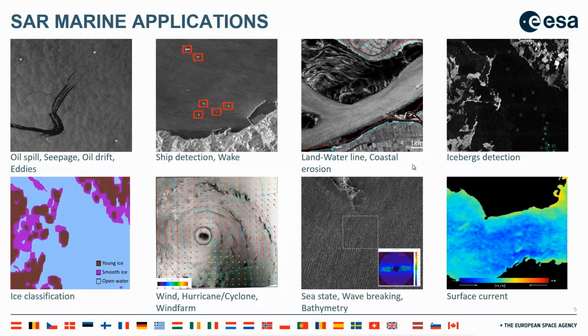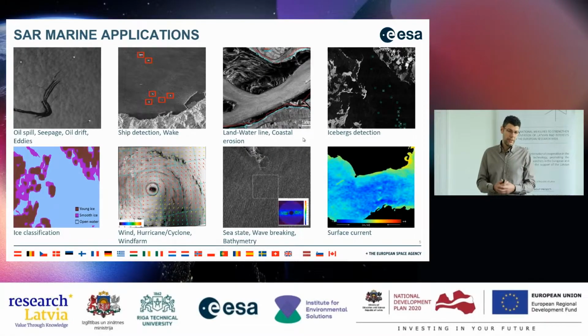These topics seem totally unrelated, but actually they are not. Nowadays you always want to have all this information together, not just one. For example, if there is an oil spill, you may want to see who was producing it, and then you need ship detection. But you also need the current to estimate how the oil is drifting.